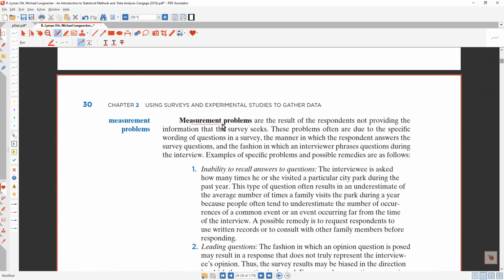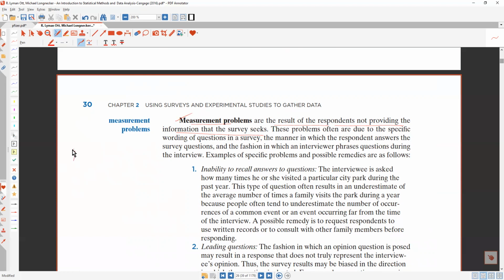Well, measurement problems are the result of the respondents not providing the information that the survey seeks. Imagine that, right? People are not always honest. People may not understand the question that you're asking. People may give a socially desirable response, right? So all of these things play into data collection, and this is very, very important.